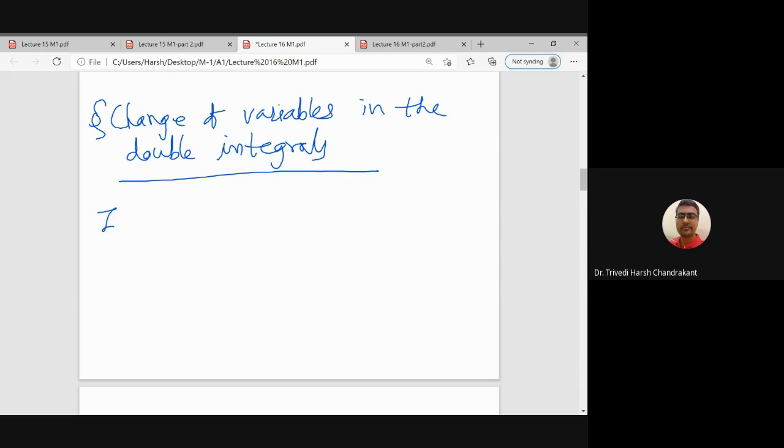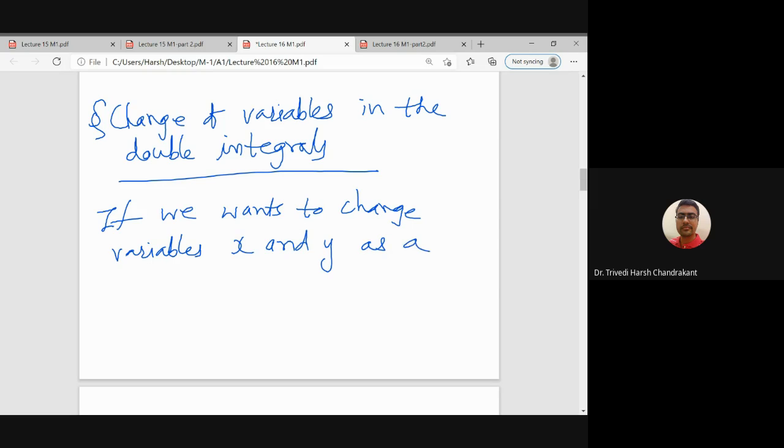If we want to change variables, we write x and y as functions of u and v variables.